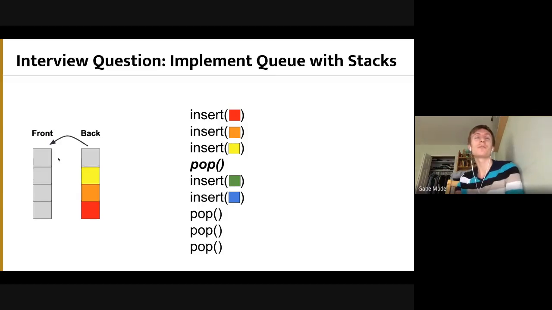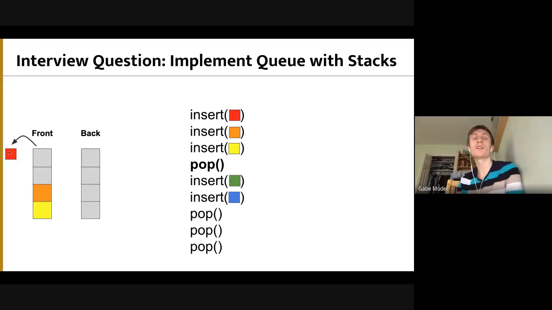So the queue would basically segfault. So what we would have to do is move everything over. And again, the mistake I made, we need to move everything over because in reality, this red one is the element we want to pop, right? So when we move everything over, then we can pop from the front, and then we're in a good spot.